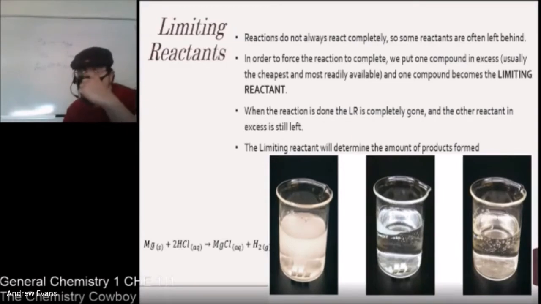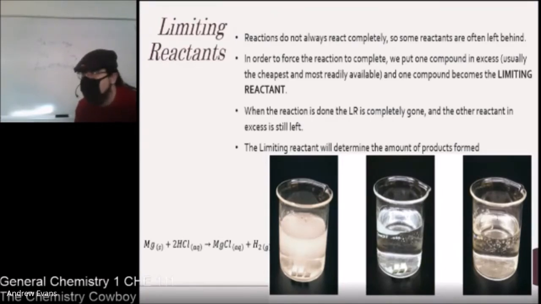So the idea here for a limiting reactant is oftentimes reactions will not completely react. So some reactants will get left behind. And in fact, in order to maximize the yield, maximize how much product we get, we're going to put one reactant, which is often pretty cheap, in excess.